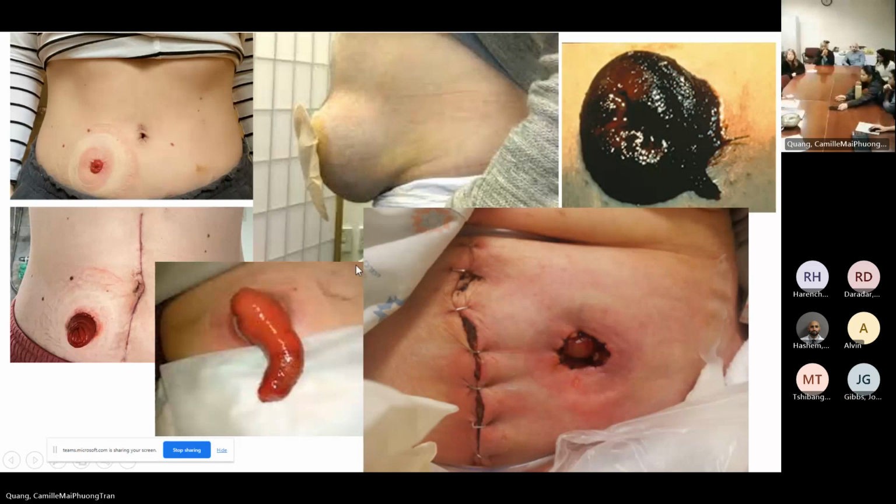Completely heals. Yeah, so this is monitoring. And this is stomal retraction.